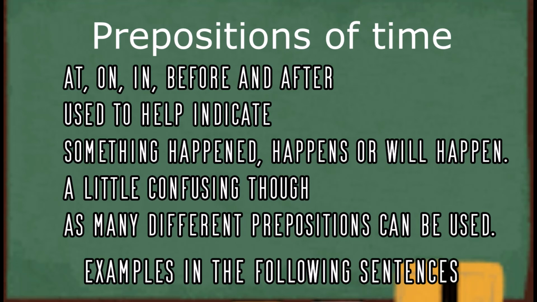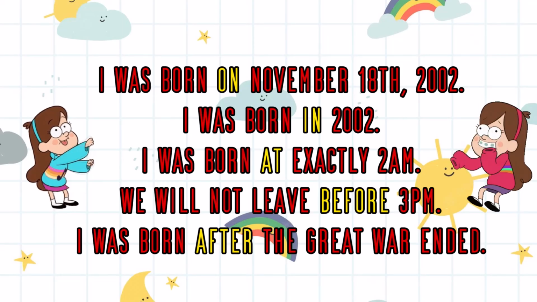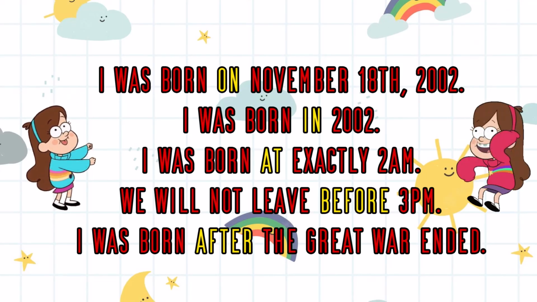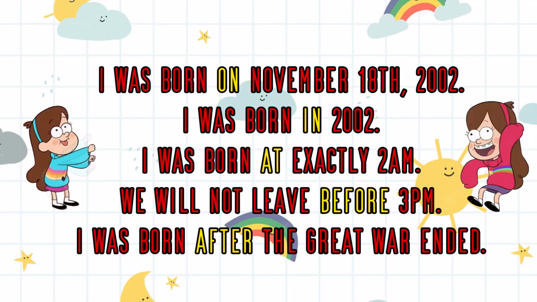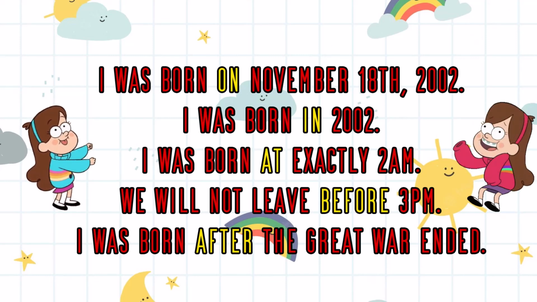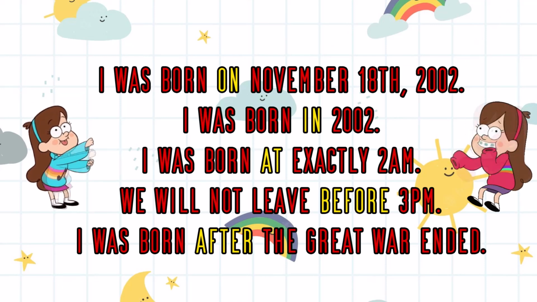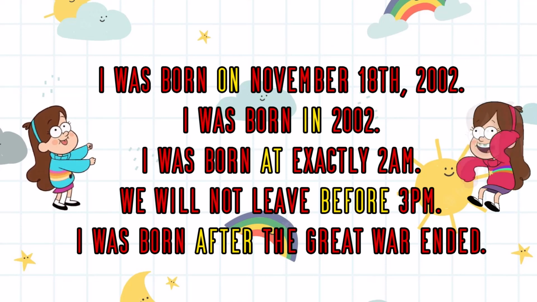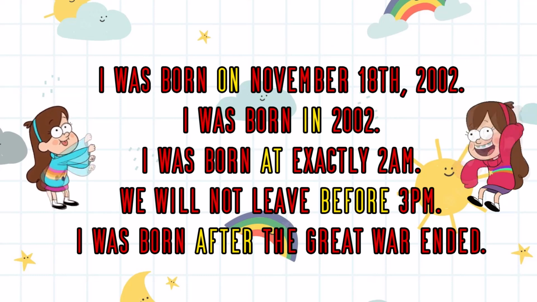In the following sentences, the prepositions are in bold for easy identification. For example: I was born on November 18, 2002. I was born in 2002. I was born at exactly 2 a.m. We will not be leaving before 3 p.m. I was born after the Great War.